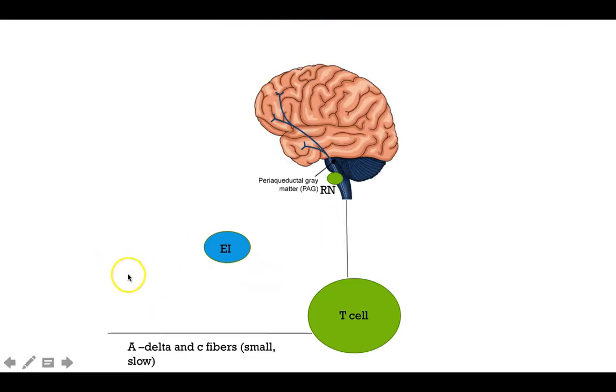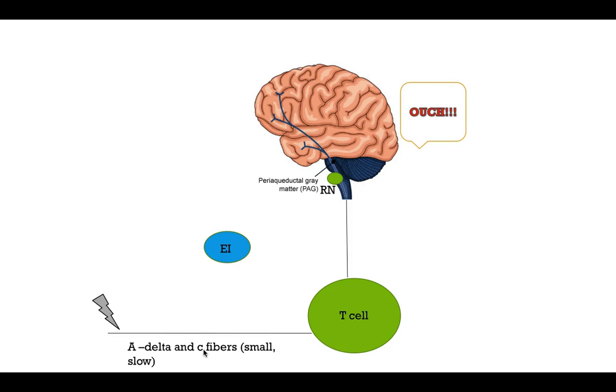Okay, diagram. It's going to look a little bit different as we have now left behind those A beta fibers. But we still have the enkephalin interneuron, we still have the T cell, and we have the A delta and C fibers, our pain primary afferents, right? So same thing, we stimulate those from a nociceptor, we sense pain, okay?